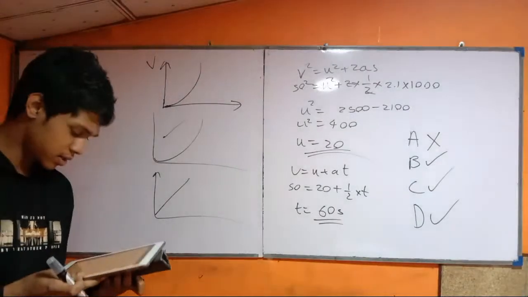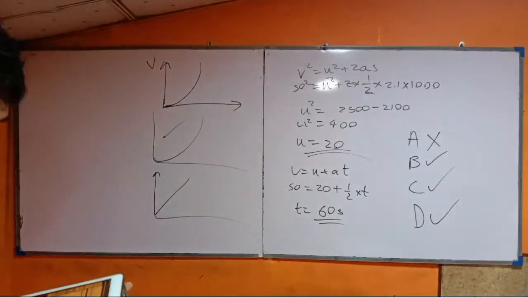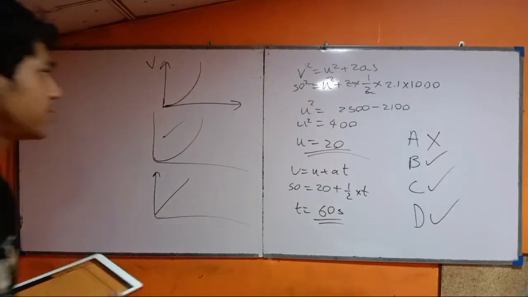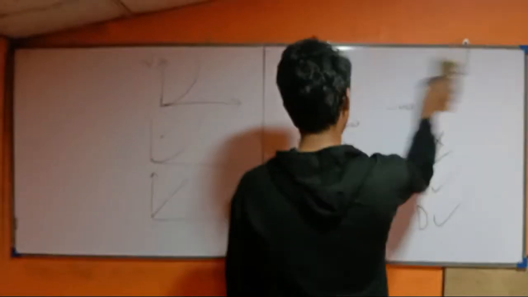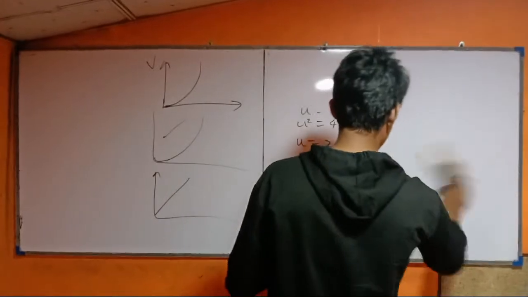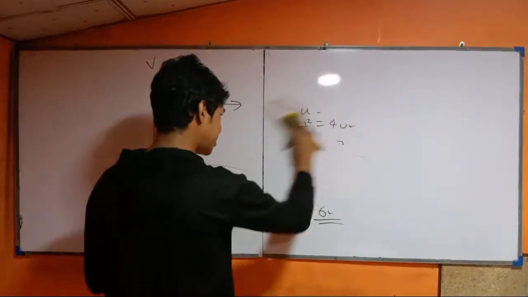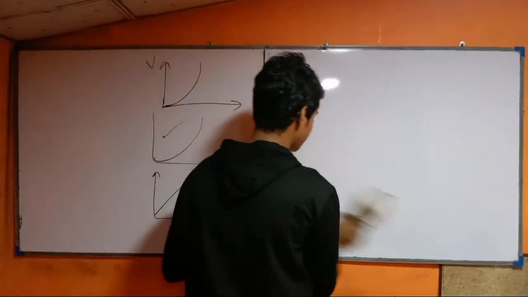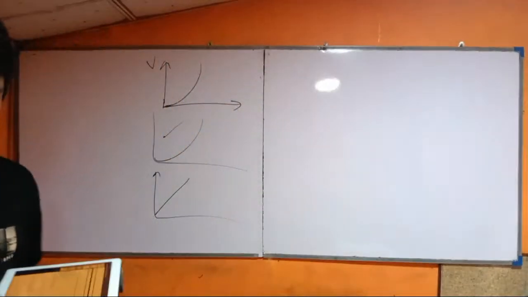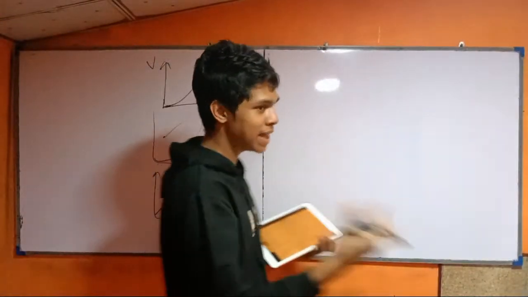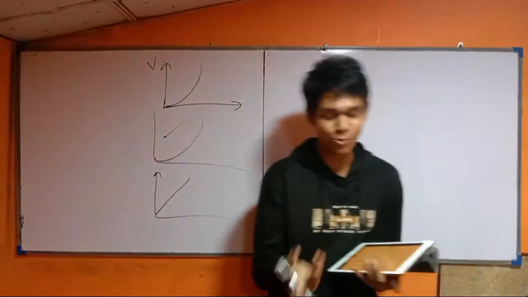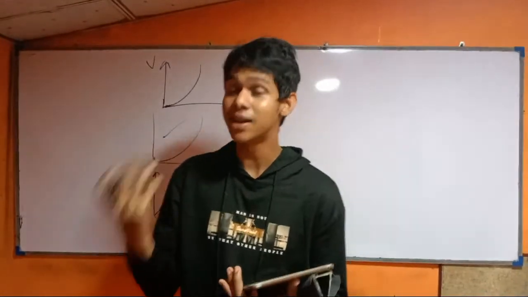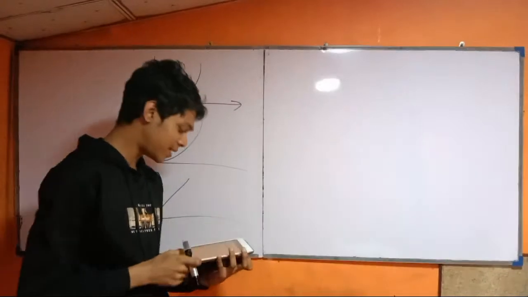Okay, then the next one. A particle projected vertically upward at a velocity of 40. This is a nice question. If you understand the equations of motion so well, you can directly get an answer for this. If you understand vectors and apply equations with so much understanding, you can get this answer very easily.